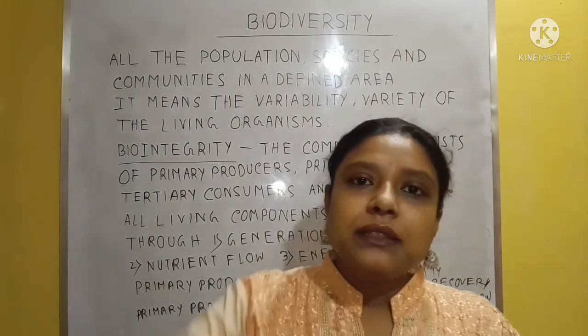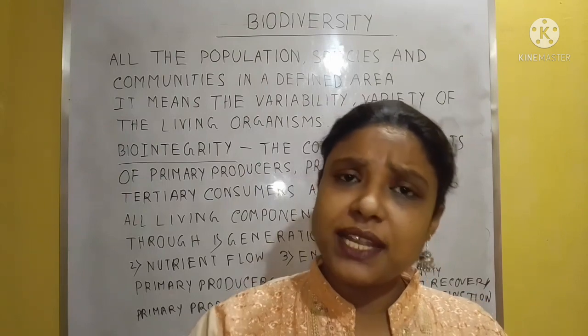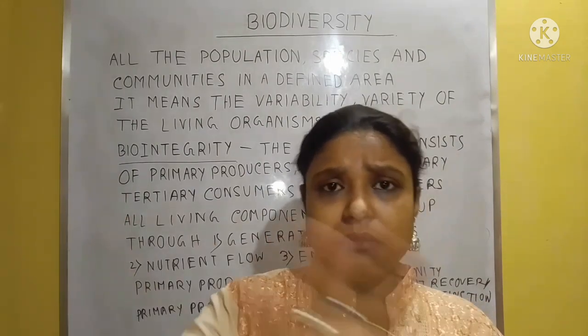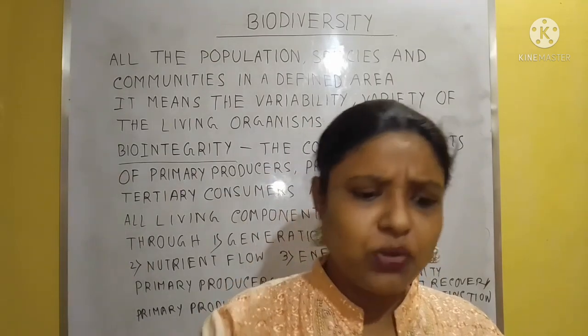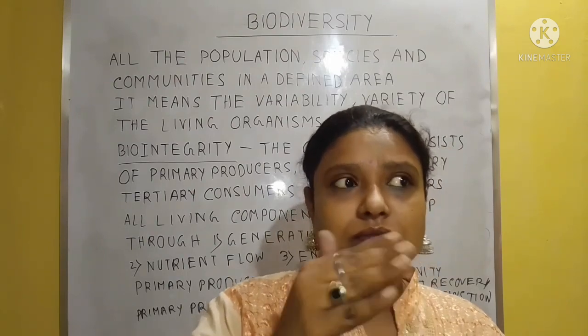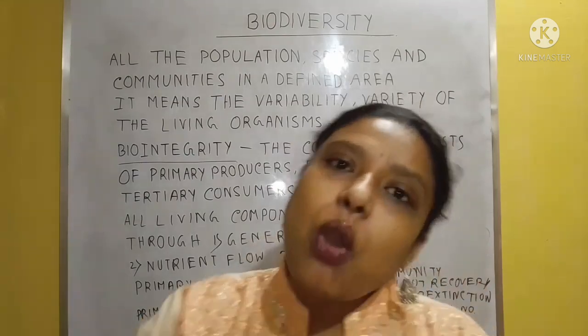So what happens? If the one community is totally destroyed by the natural calamities, the consumers dependent only on the primary producers, that are the primary consumers, secondary consumers and tertiary consumers, will also go through the process of destruction.